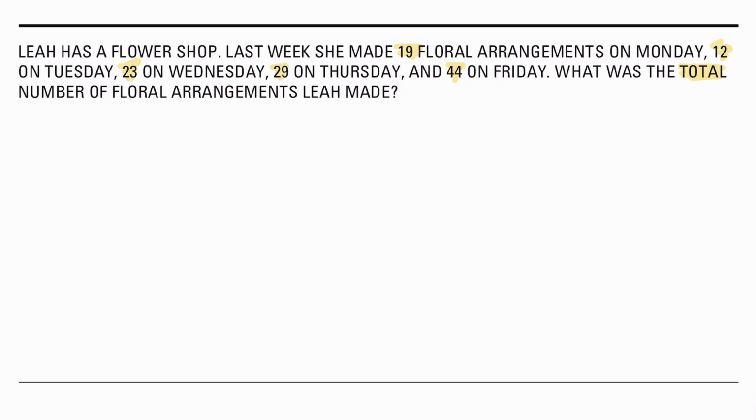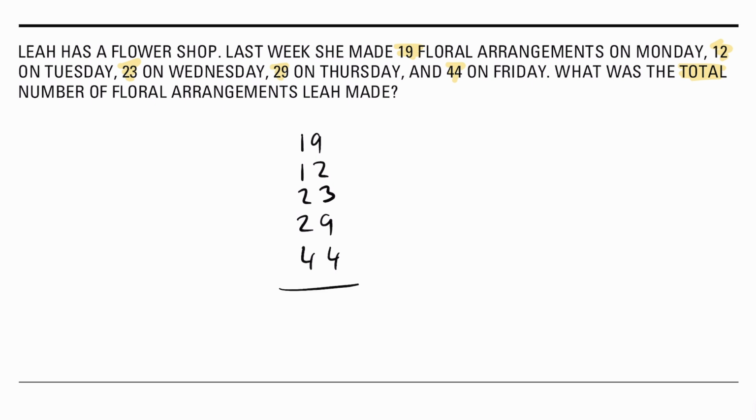We certainly, if they said it was in 2025, wouldn't want to add that number. That wouldn't make much sense. She would be very, very busy if she was making 2025 in a single day. And so we just want to add these numbers. So we get 19, 12, 23, 29, 44.